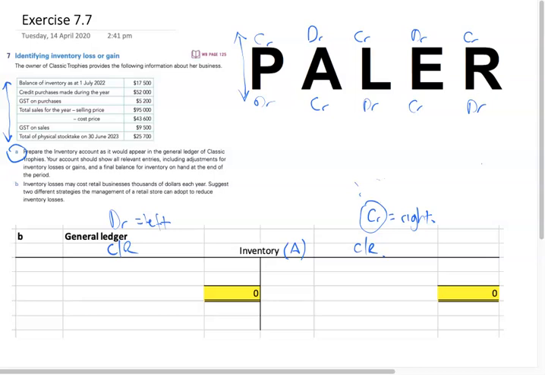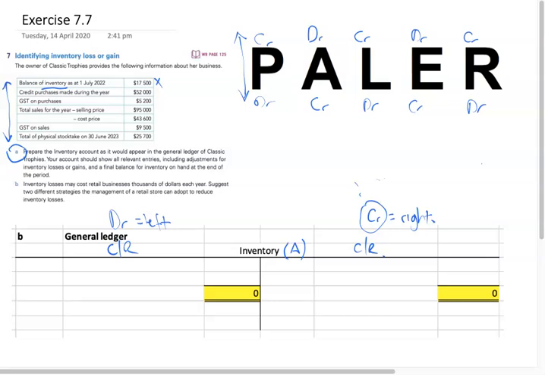The first one here is the balance of inventory at the 1st of July was 17,500. Obviously, this is talking about inventory, so we must record it in the inventory ledger. What is this saying? At the 1st of July 2022, and remember our textbook assumes essentially that we're in 2023 to allow the textbook to be relevant for a number of years.